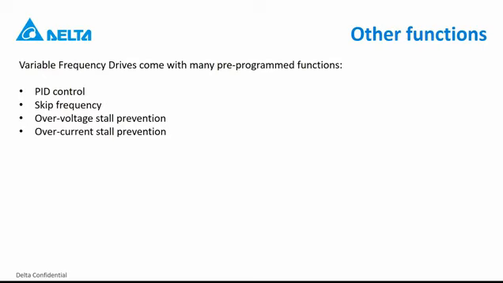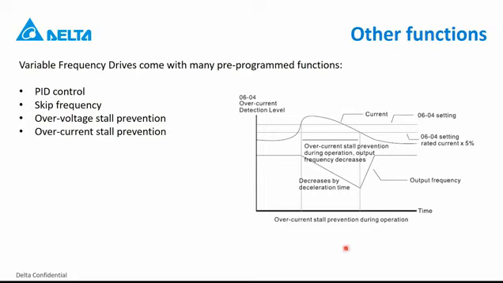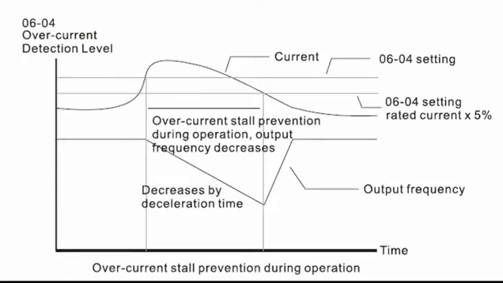Then you have overcurrent stall prevention, and in principle it's very similar. It's just that this function looks at the output current, and when the output current is above a certain limit, the drive can decrease the output frequency in order to decrease the load on the motor. Now, very important to mention is that this function will only really work in variable torque applications. Variable torque applications are fans and pumps.